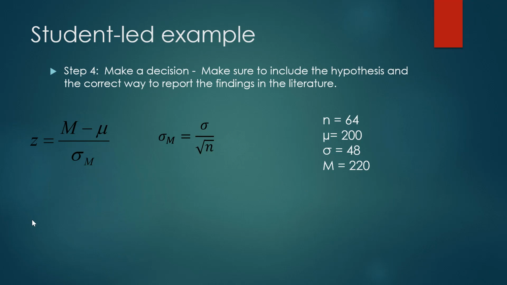Our critical z was 1.65. We got that from the unit normal table. Our calculated z is 3.33.